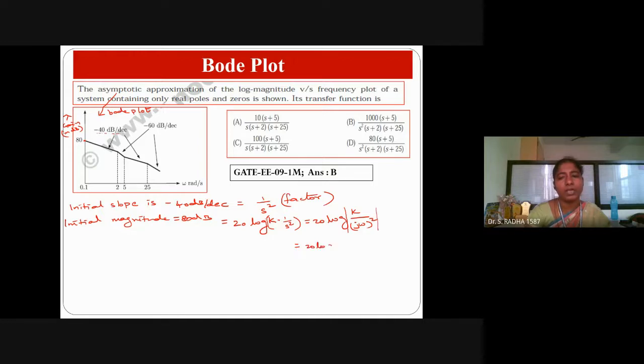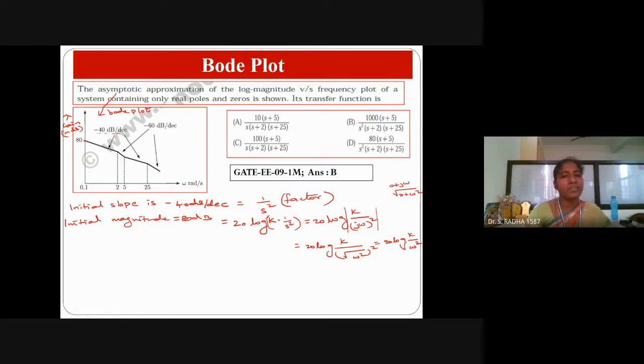The magnitude of j omega in the denominator is the square root of 0 square plus omega square, which becomes omega. So it is 20 log k by omega square.